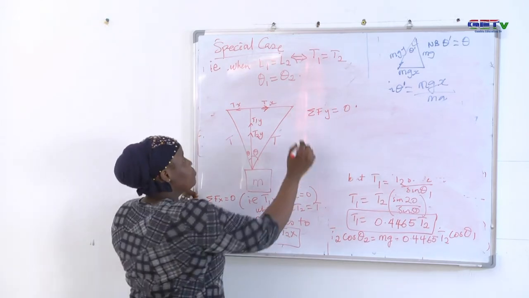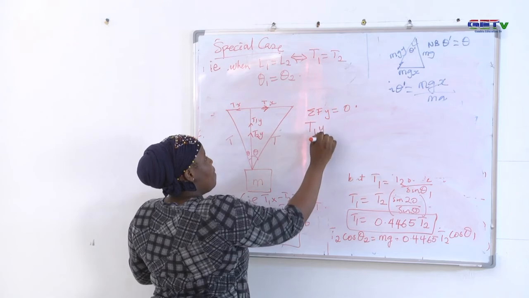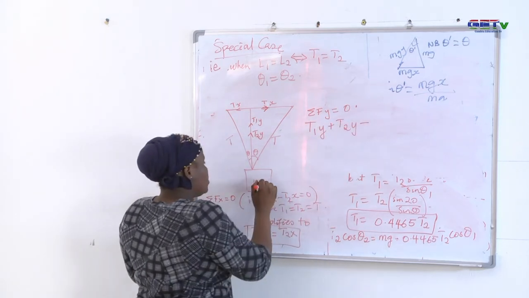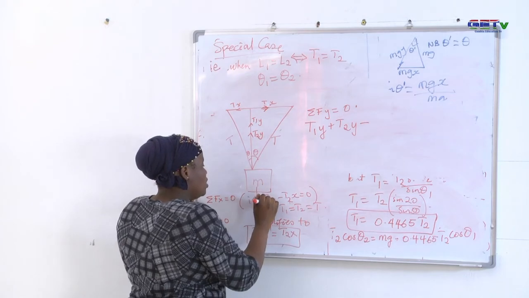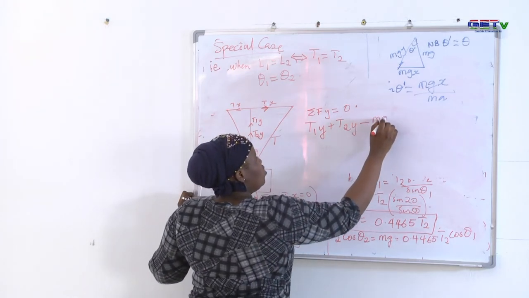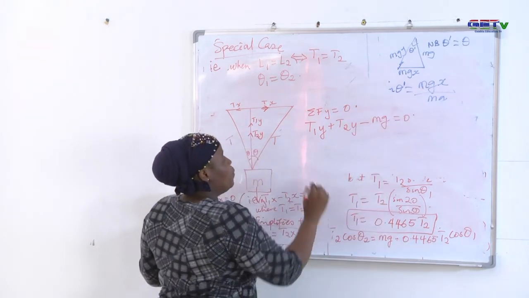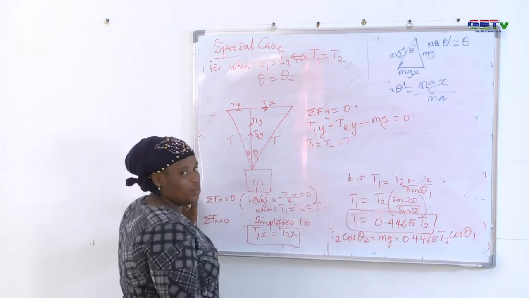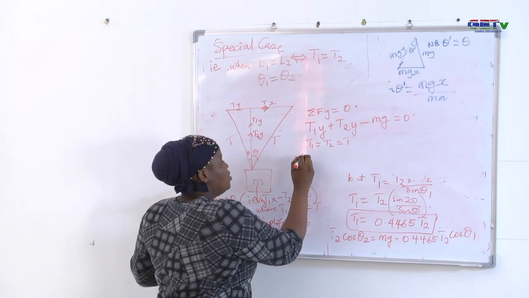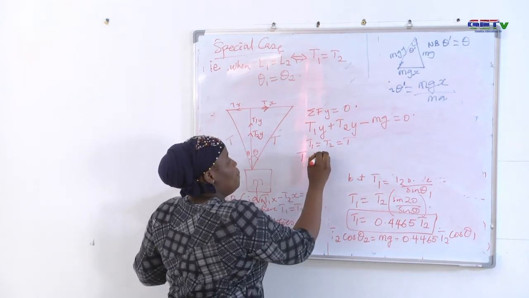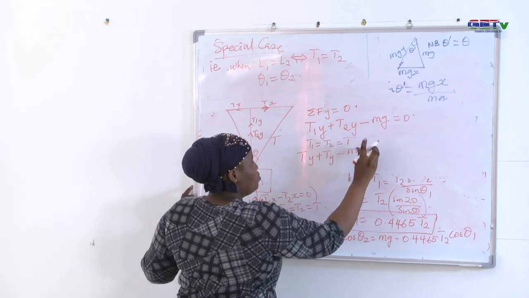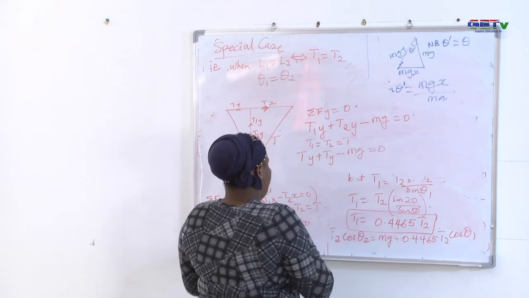Remember that all the time. So this gives us T1 of y plus T2 of y minus the gravitational force, which is the weight, is always equivalent to 0. But again, T1 is the same as T2, so we don't give it an initial, we just call it T. And this will be Ty plus Ty minus mg is equivalent to 0.